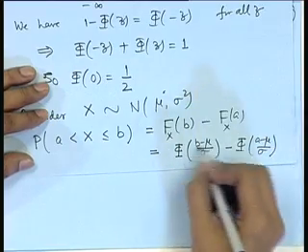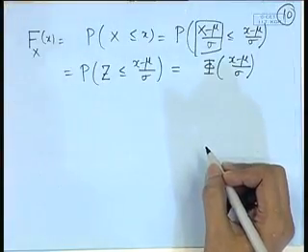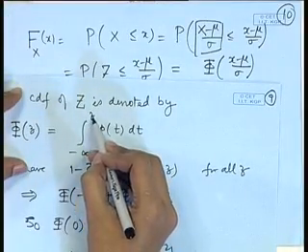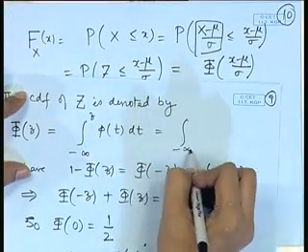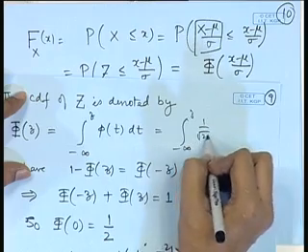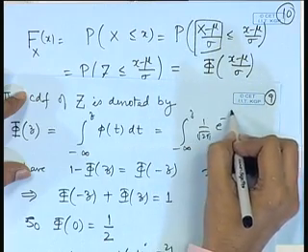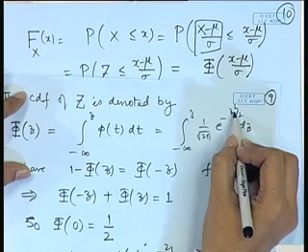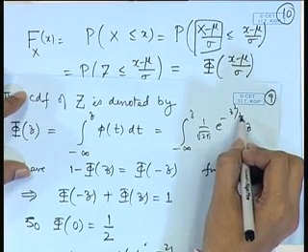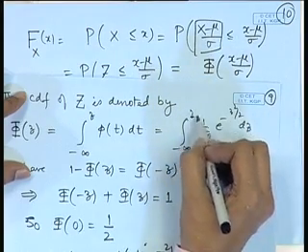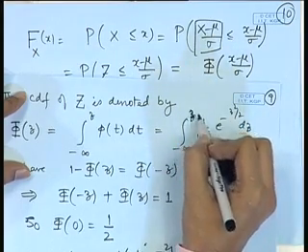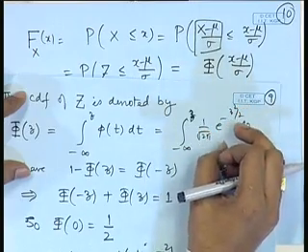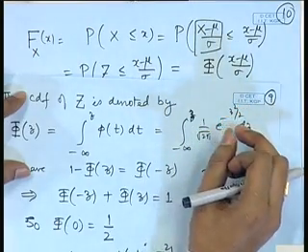Now, how do you evaluate this? Capital phi of z is equal to integral of minus infinity to z e to the power minus z square by 2 dz. If we make the transformation z square by 2 is equal to t after suitably altering the ranges so that it is a 1-to-1 transformation, it is reducing to an incomplete gamma function.